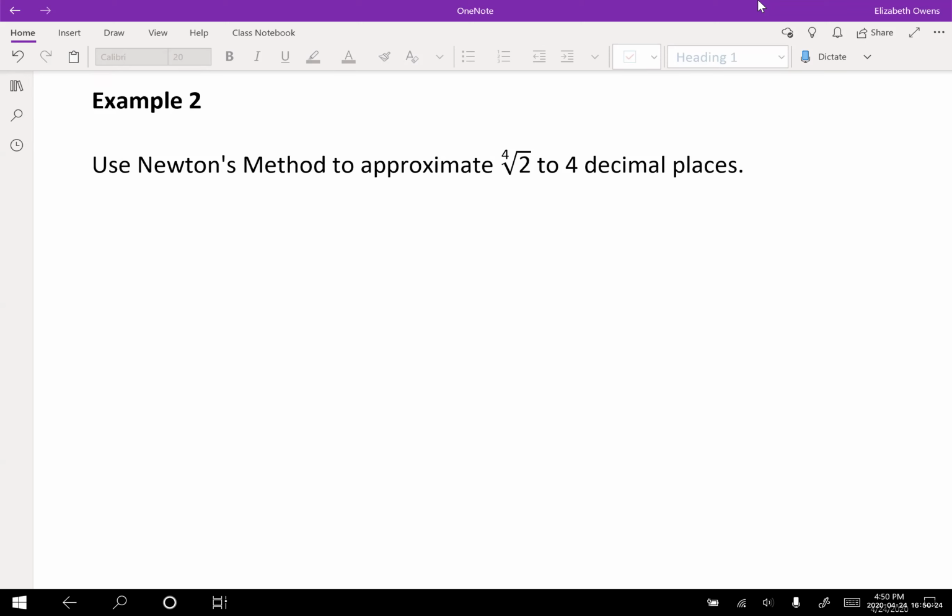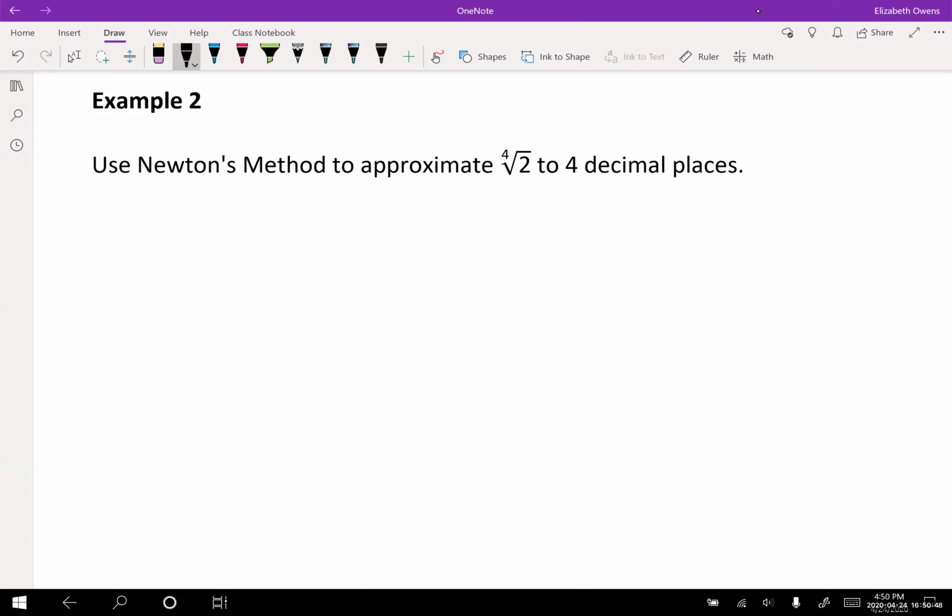But what we're going to do is work this backwards a little bit so that it actually ends up looking more like the previous example. We're going to take this value and work backwards to find the equation that this would be a root of. Let's see what I mean there.